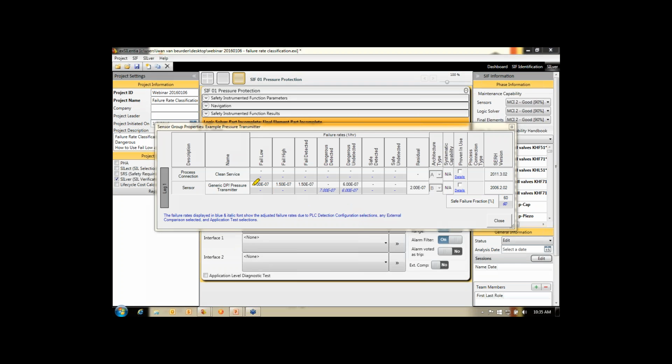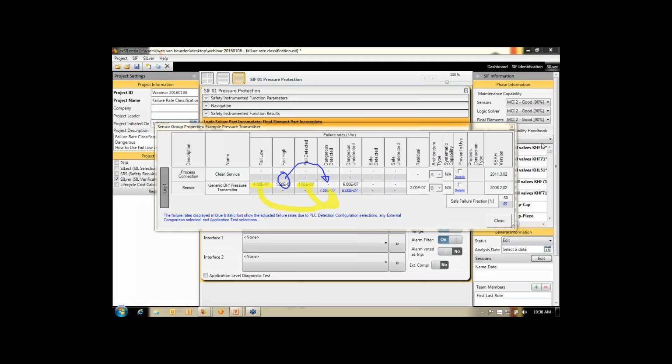So what happens in that case? Well, fail low is still going away from the trip point. Fail detected, going away from a trip point. Both are detected. Fail high is going through the trip point, but we are preventing a spurious failure. We're preventing transition to the safe state by simply saying, hey, something is wrong with the transmitter.